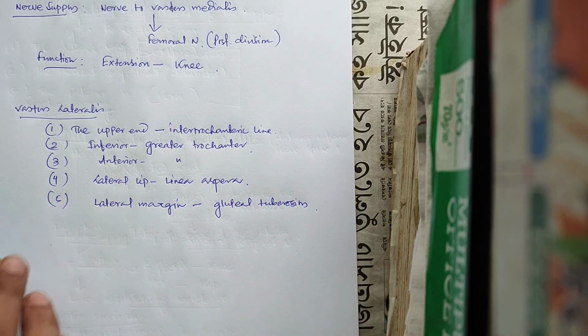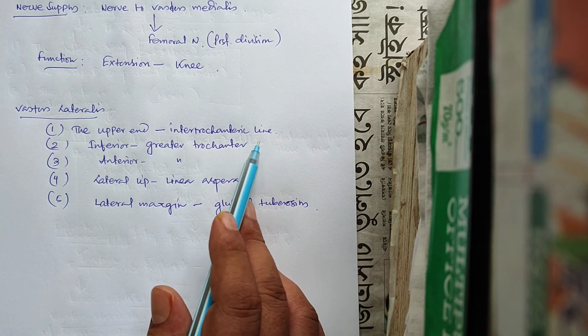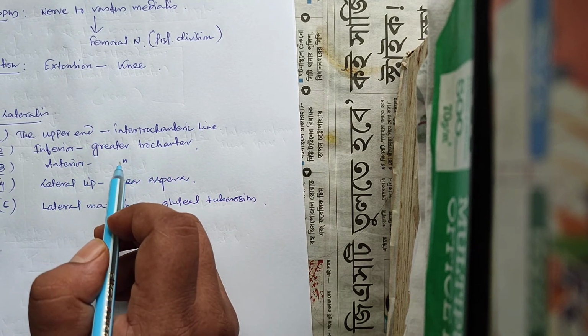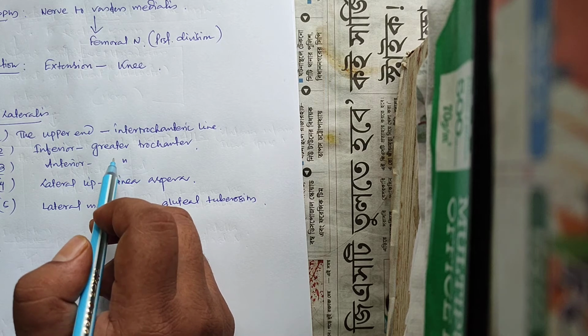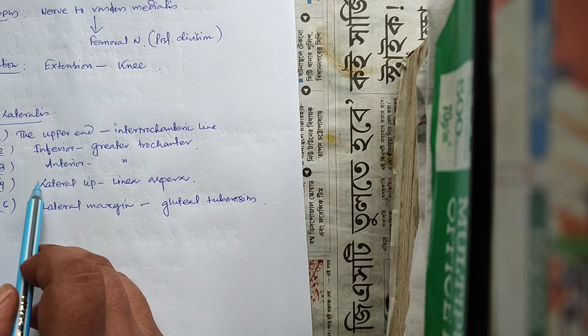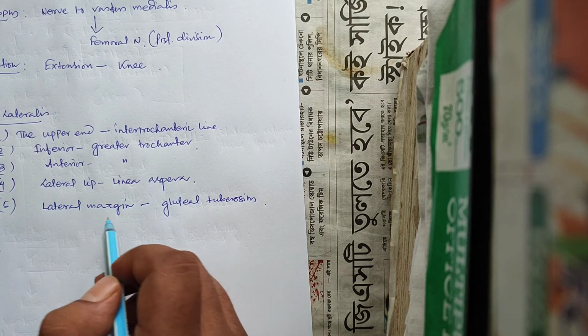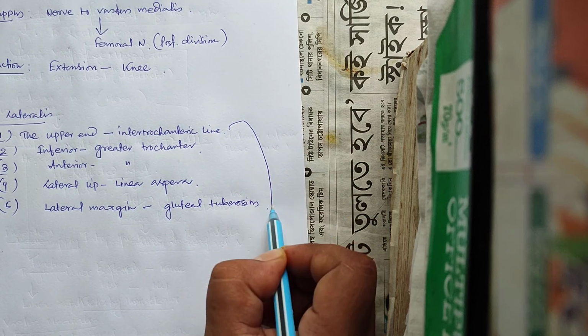So the vastus lateralis muscle arises from the upper end of the intertrochanteric line, the inferior border of the greater trochanter, the anterior border of the greater trochanter, the lateral lip of the linea aspera, and the lateral margin of the gluteal tuberosity of the femur.